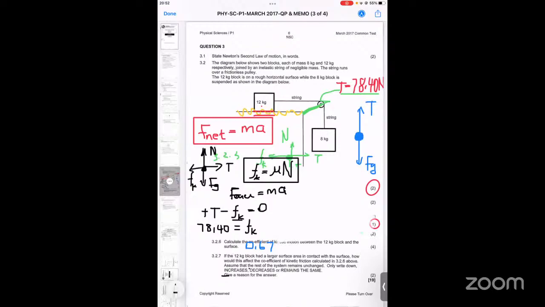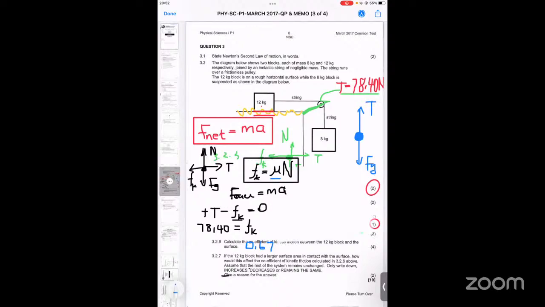Yes, sir. So in other words, do we use both formulas to calculate the coefficient? Yes, we will, because I think what we are actually looking for is this one, that mu.